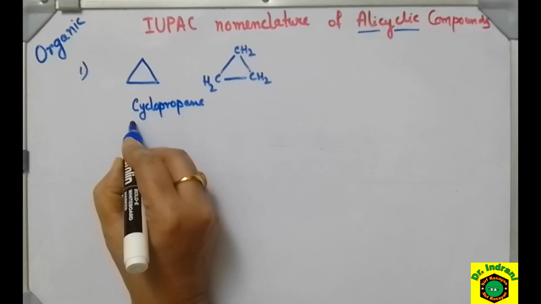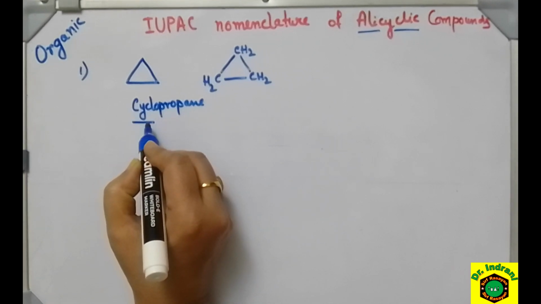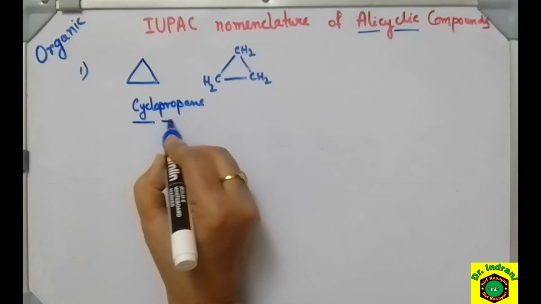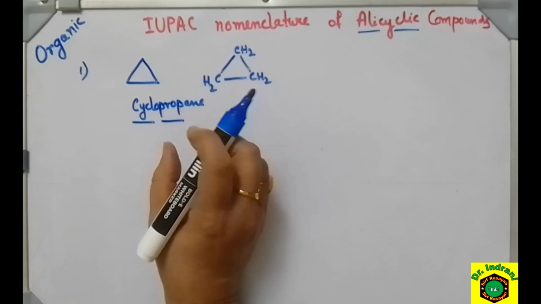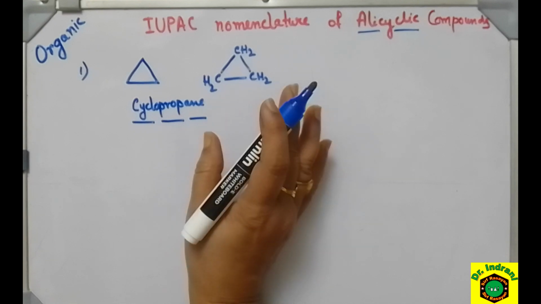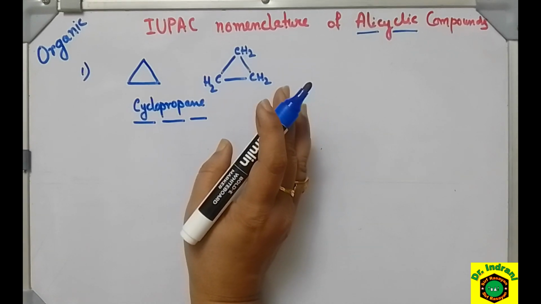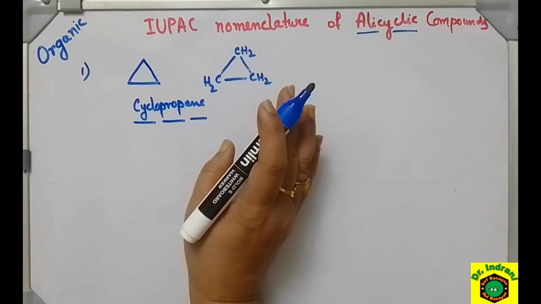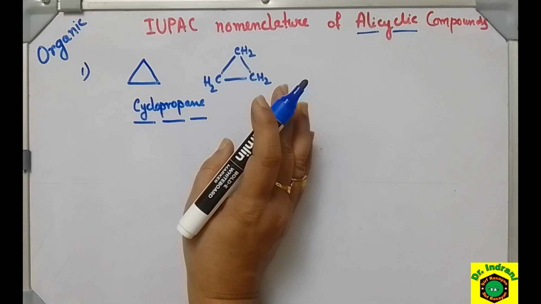Now cyclo is the primary prefix. Prop is the word root for 3 carbon atoms, and N means saturated. Carbon-carbon single bonds are there.